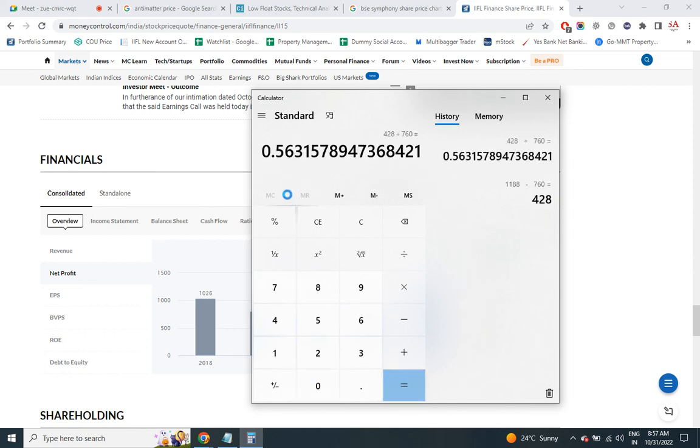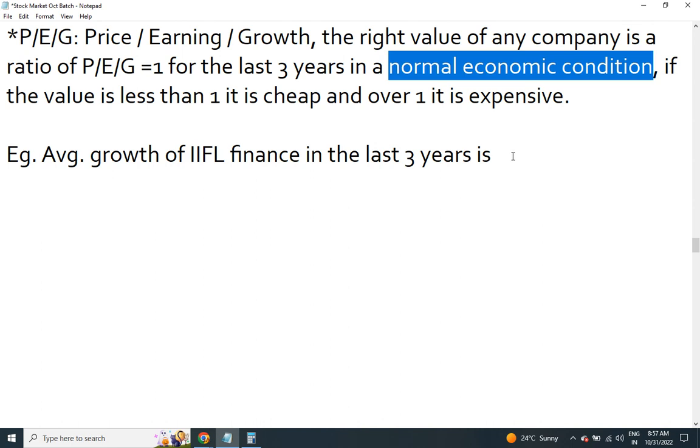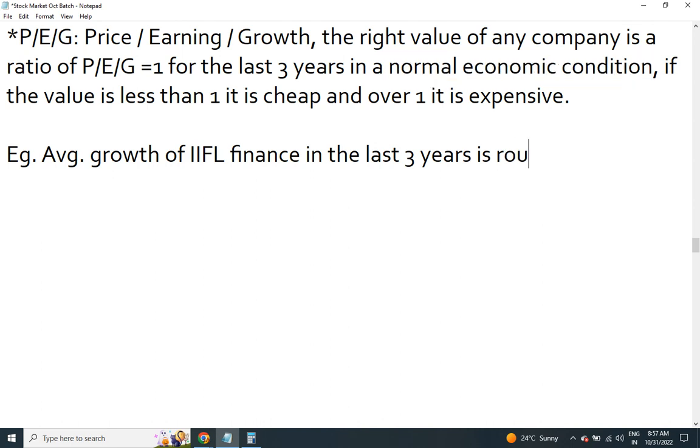How much is it? 56%. So we can say roughly that the company is growing at roughly 50%.